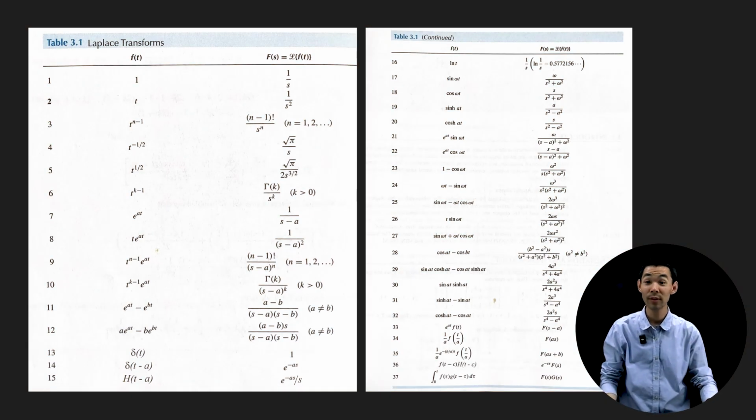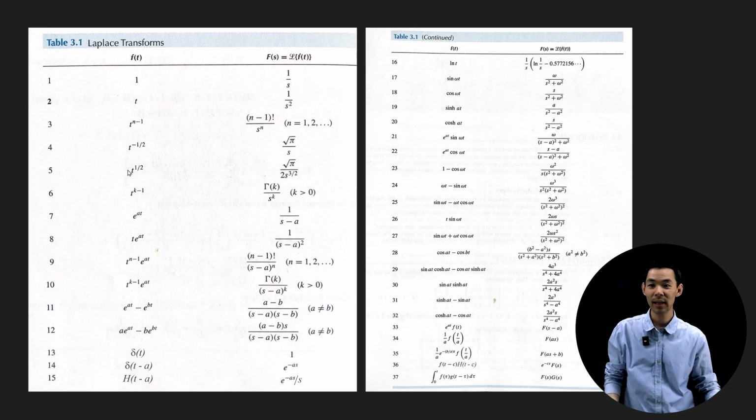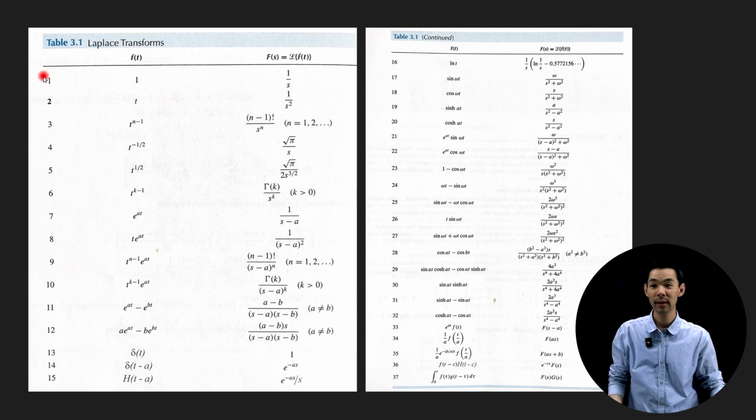So now if we turn to the screen, you can see a table here that I'm showing from one of the textbooks, where the left-hand column represents the function you want to find in real space, little f as a function of time. On the right-hand column is the Laplace transform of that corresponding function, capital F as a function of the Laplace variable s. So row entry 1 is the function equal to 1, the constant function.